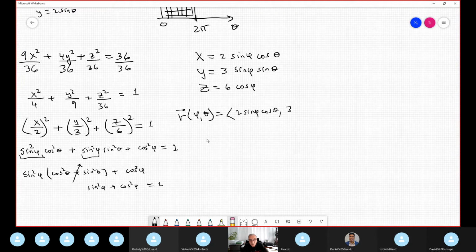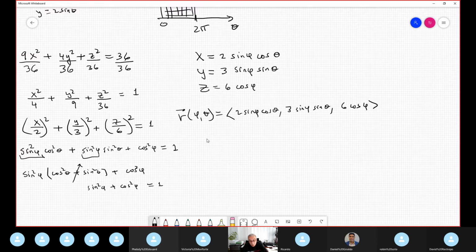Look at the ellipsoid, different coefficients. That is the reason. It's not equal radius. It's not a sphere. It's an ellipsoid. Comma, 6 cosine phi.